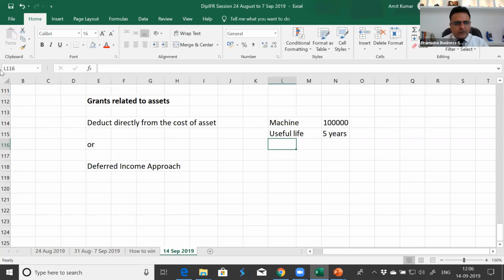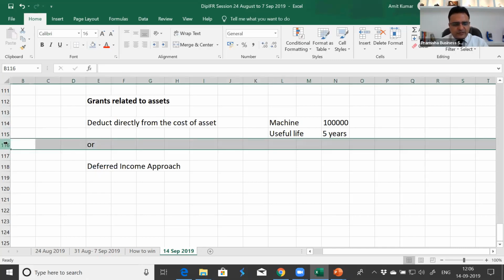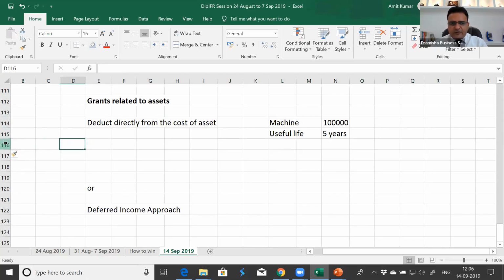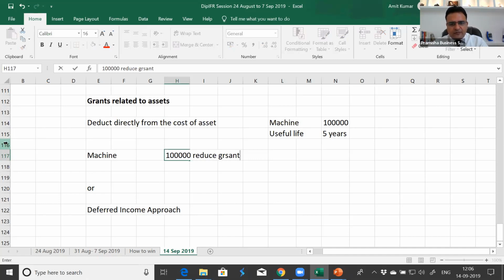We deduct the value of the machine. Normal depreciation would have been 20,000, but we say the machine costs 100,000, reduce the grant amount received, 40,000, and record the machine at 60,000.